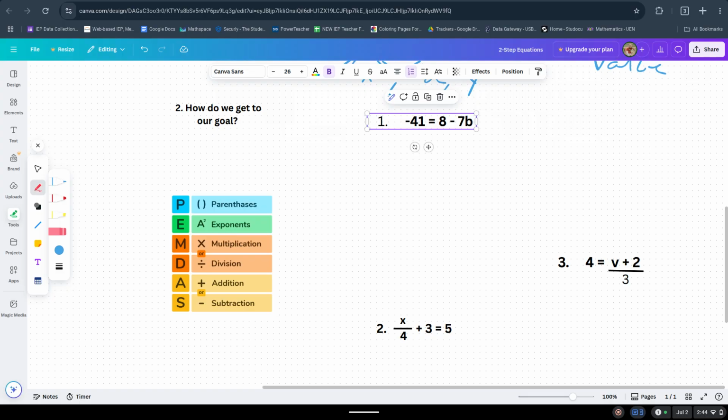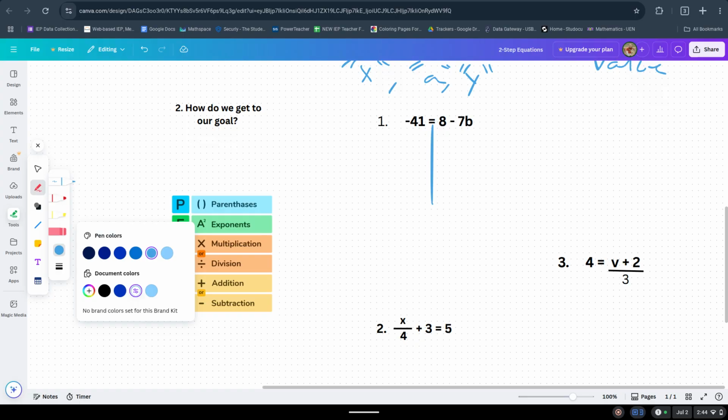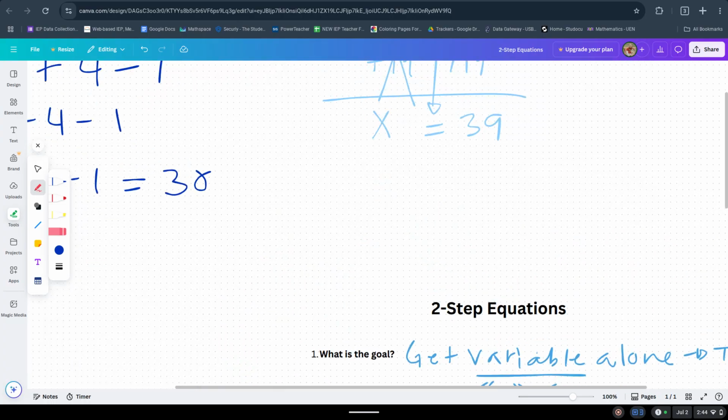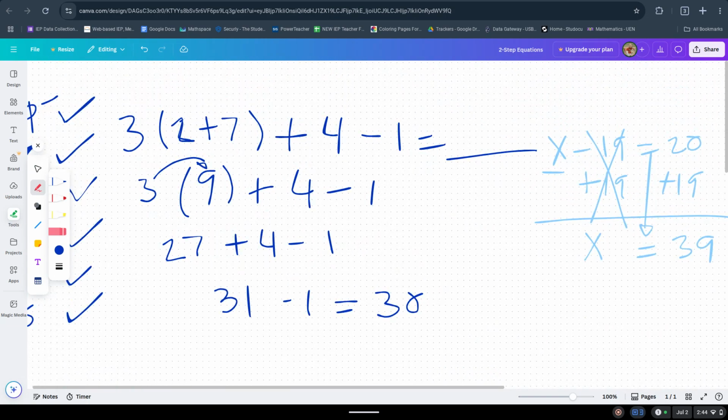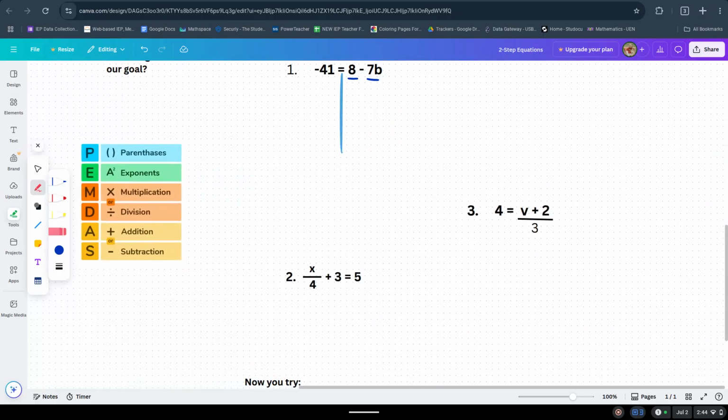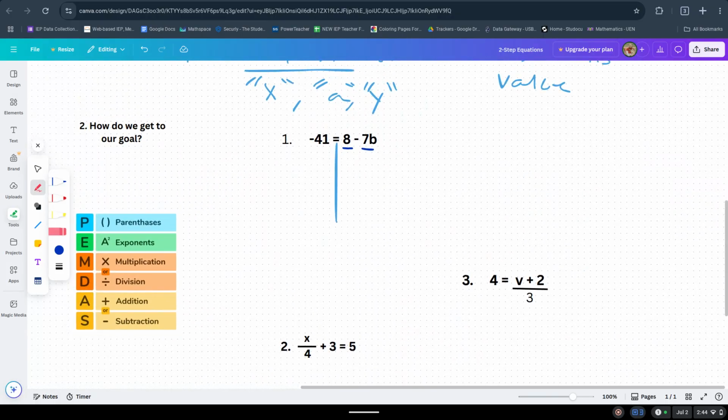So we look on this side and say, okay, I have two numbers now: this 8 and this -7. That's not like what we did before in the other example. We didn't know what this equaled, so we followed PEMDAS. But in this situation, we do know what it equals.